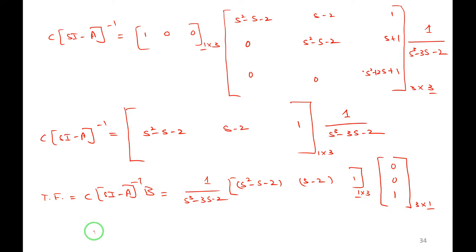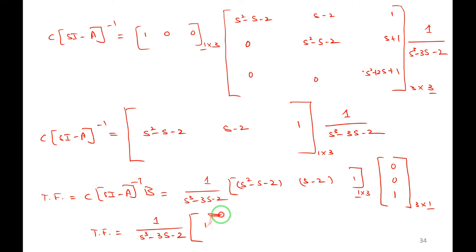So the transfer function is 1 by s cube minus 3s minus 2, as it is. I am getting only one row and one column, which means only one element. So multiply with this: first 0, this will vanish, 0 into 0, and 1 into 1.